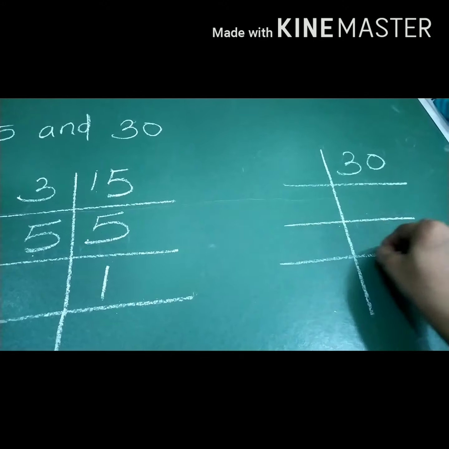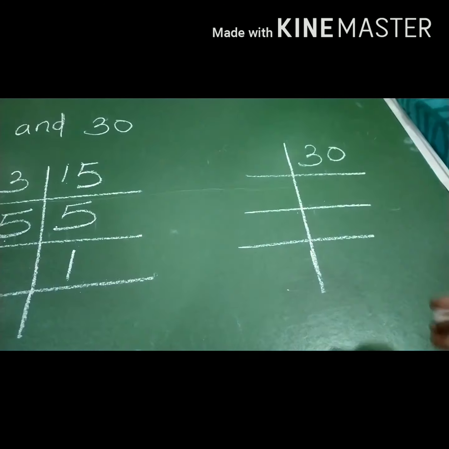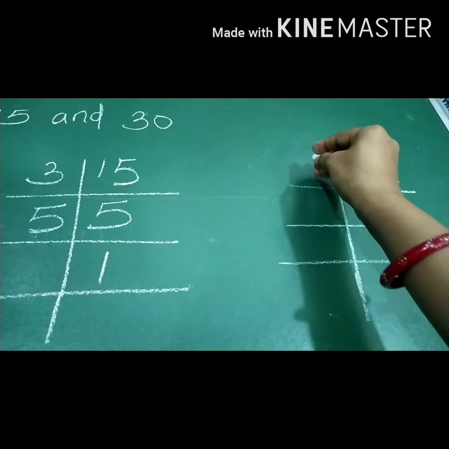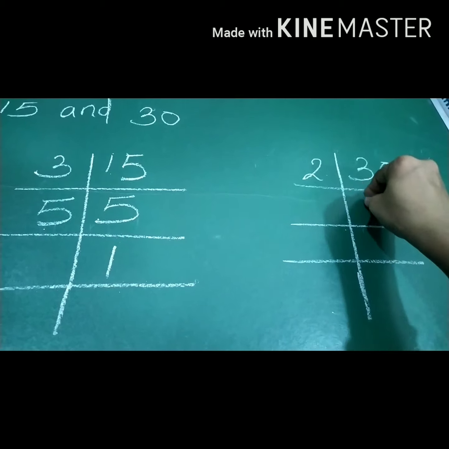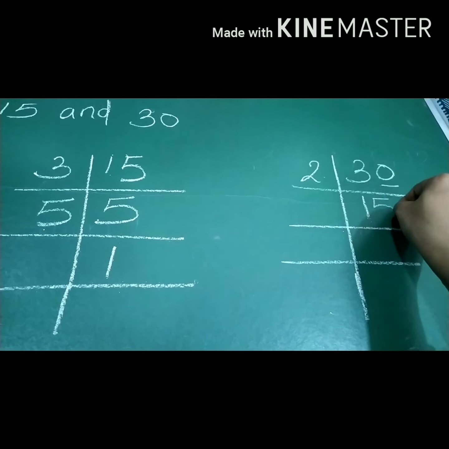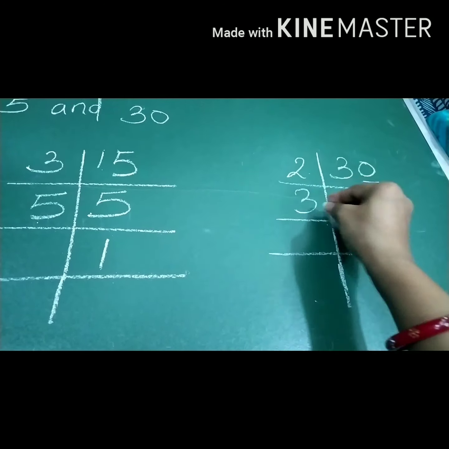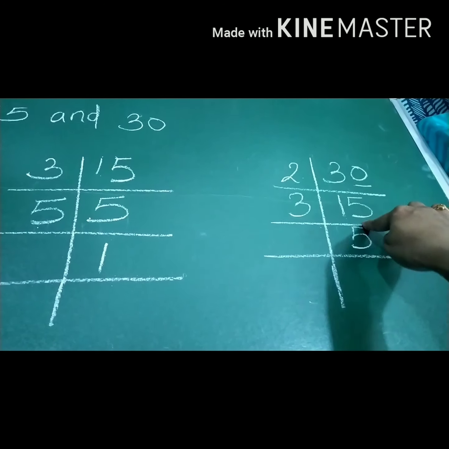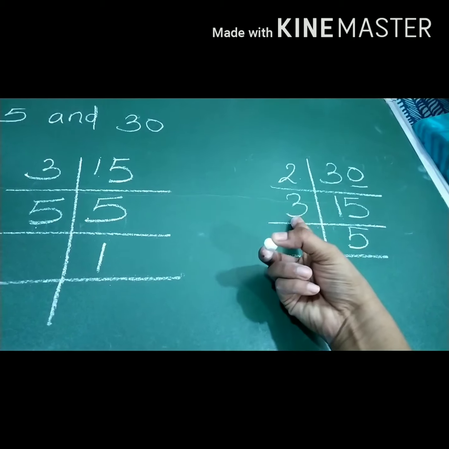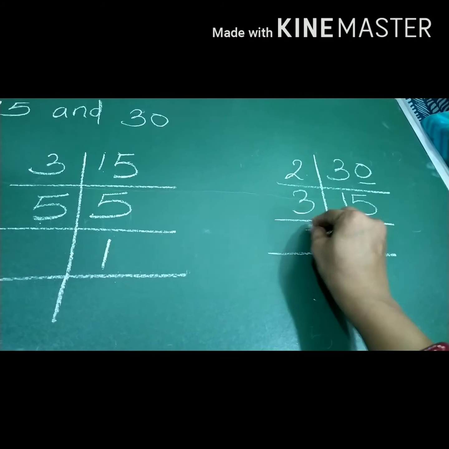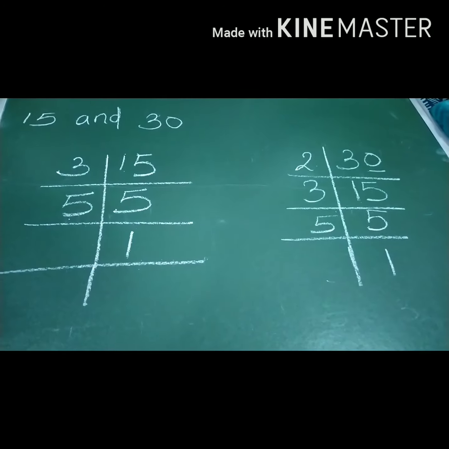Find out the prime factors for 30. So here you can see in the 1's place 0. So we will start from 2. 2 1s are 2 and 2 5s are 10. Now again you can see 15. So 3 5s are 15. As 15 is not present in the table of 2, we will go for the next prime factor, that is 3. Now 5 1s are 5.